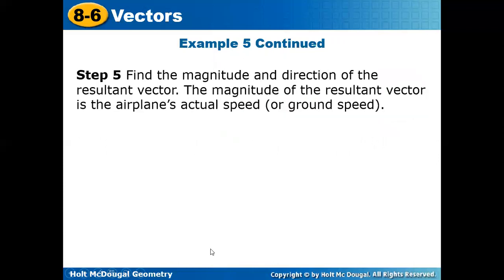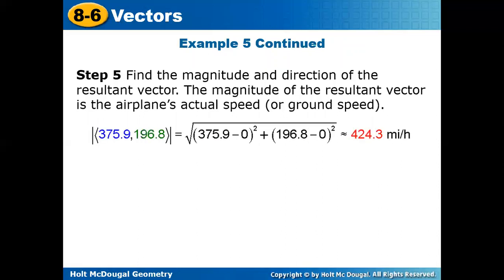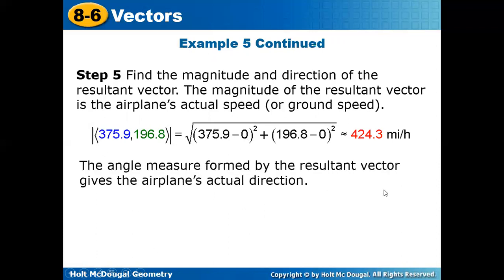If you want to find the magnitude and direction of the resultant vector, the magnitude of the resultant vector is the airplane's actual speed, or ground speed. So the magnitude is the distance formula like this, or you can cancel this 0 and say it's root x squared plus y squared directly.